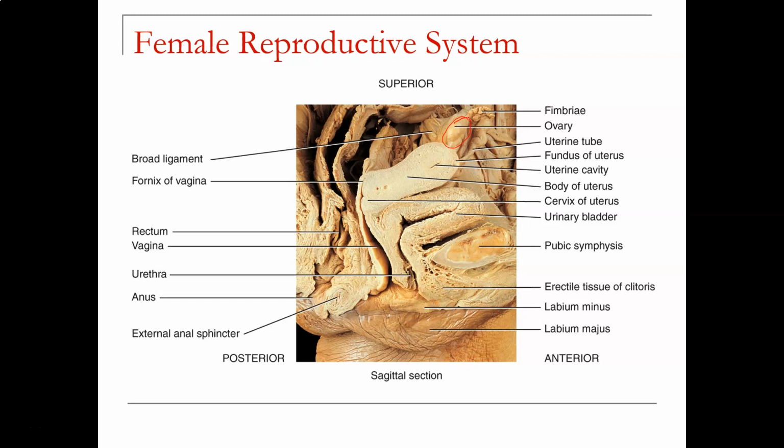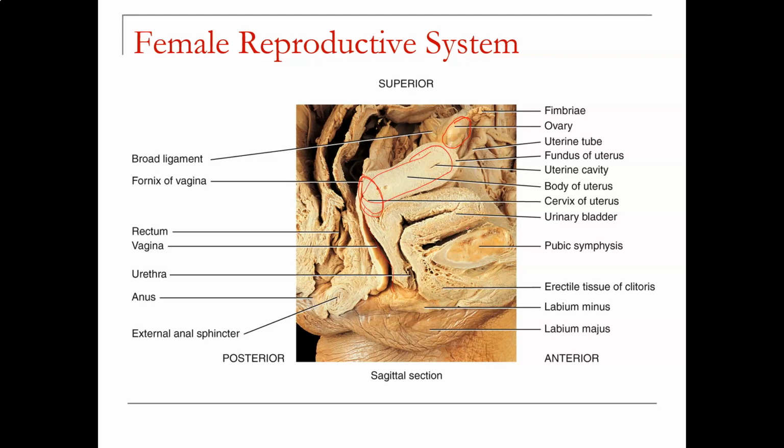Ovaries do not descend. They do move inferiorly from where they first start forming in the embryo, but they do not descend out of the pelvic cavity. So there's the ovary. Here you see the uterus here. This would be the cervix region, and then into the vagina area.